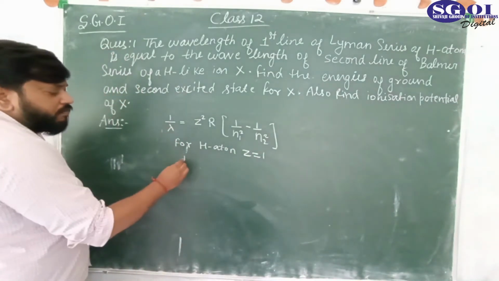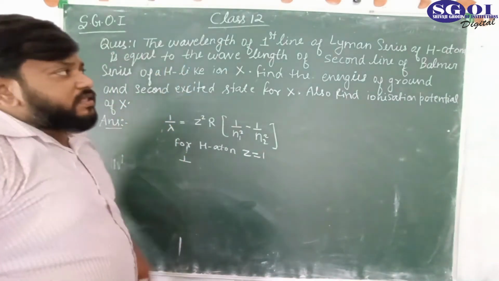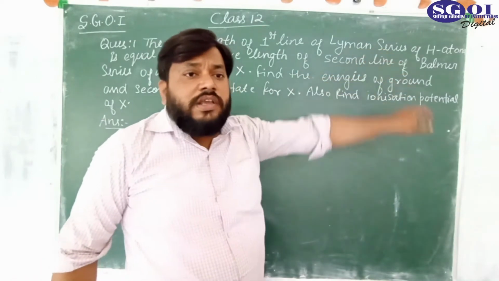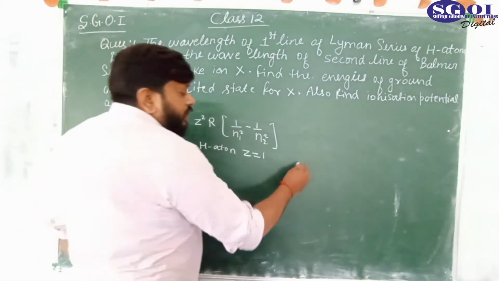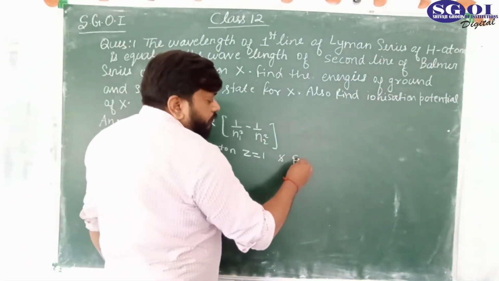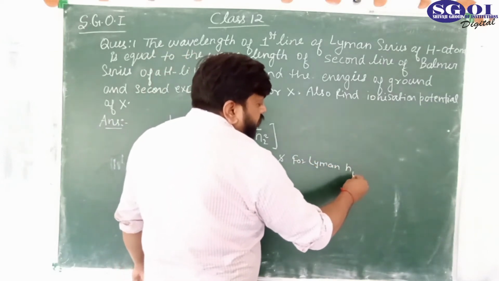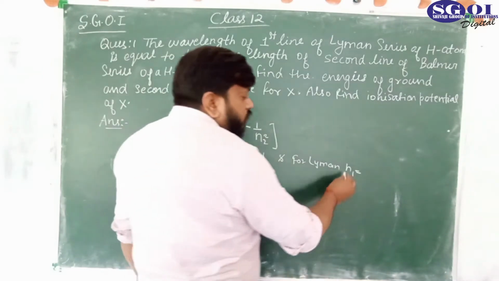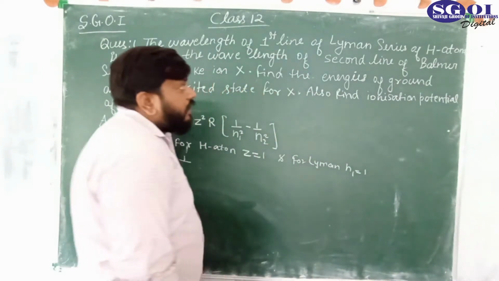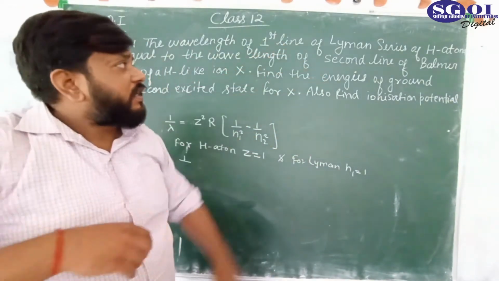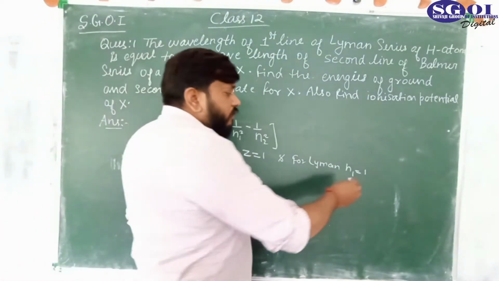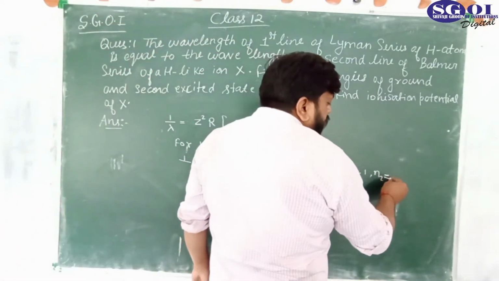For the Lyman series, n1 equal to 1, and for the first line, n2 equal to 2.